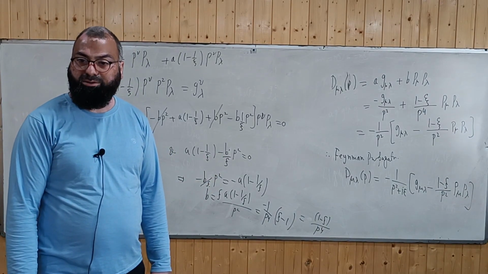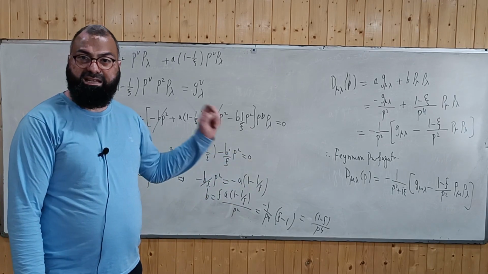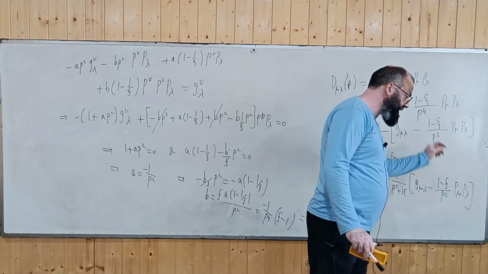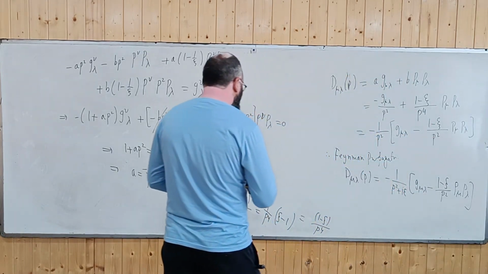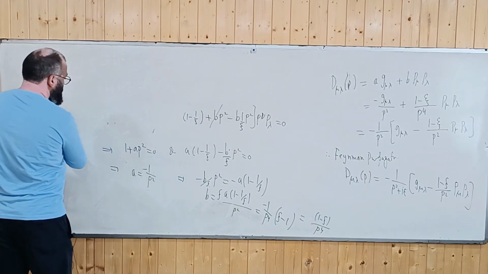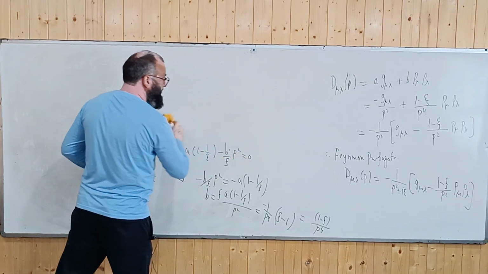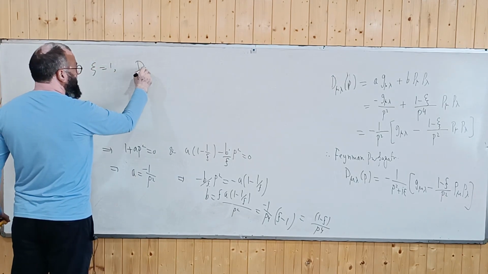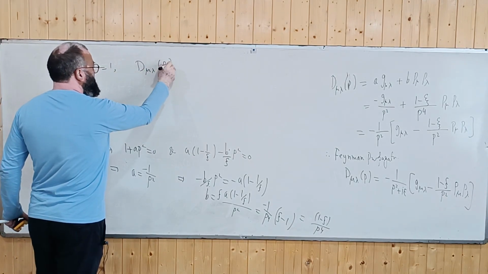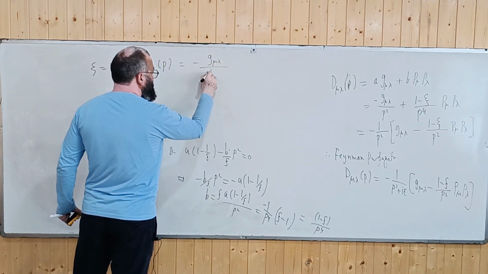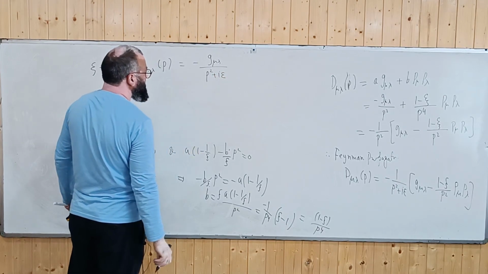So that means we are able to figure it out. This zeta fixed our problem. Now if I take zeta equal to 1, we call it the Feynman-'t Hooft gauge. So if I choose zeta equal to 1, I have g mu lambda by p square plus i epsilon.